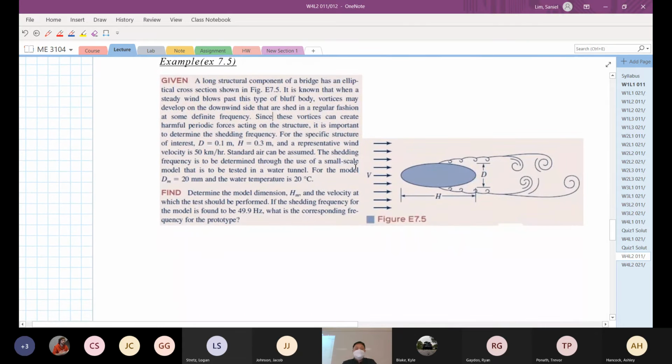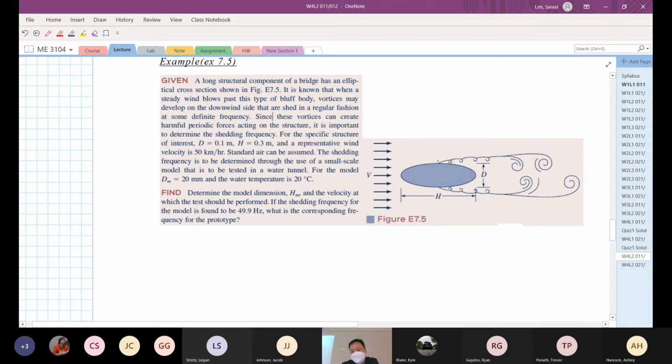So let's take a look at one of the example problems in the textbook. Here we have a bridge which is anchored in the bottom or anchored somewhere. There's nothing shown here.